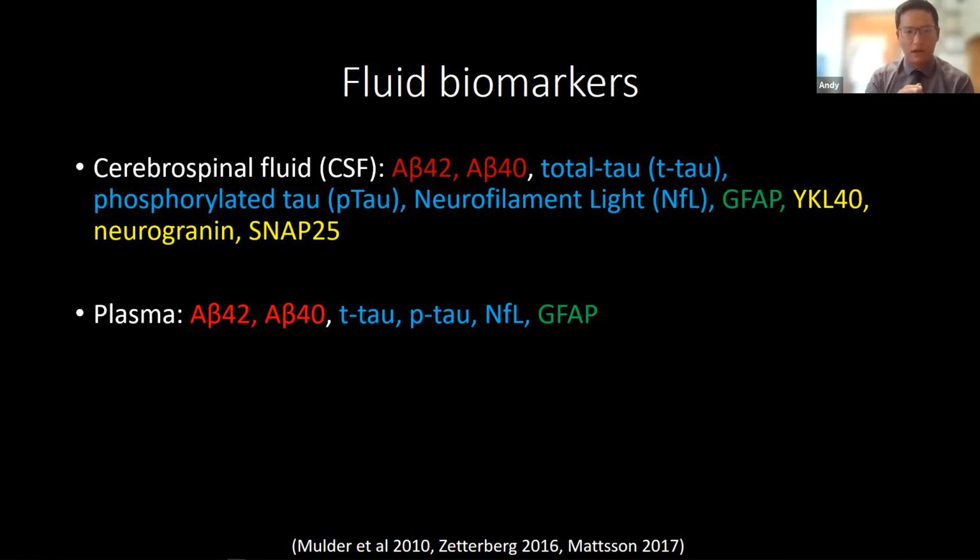You're testing for a slew of these biomarkers, and the combination will tell you whether this is actually Alzheimer's disease or not. If they have low levels of A beta 42 in the CSF, that is suggestive of Alzheimer's disease pathology already starting in the brain, because it's a very sticky protein and it's staying in the brain and leaking less into the cerebral spinal fluid.